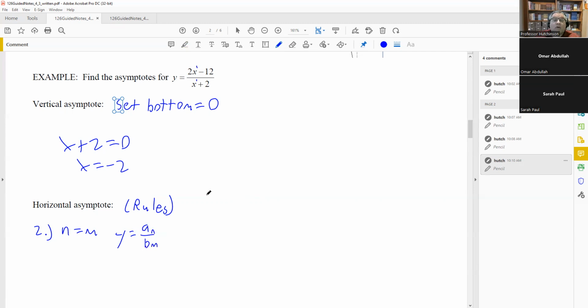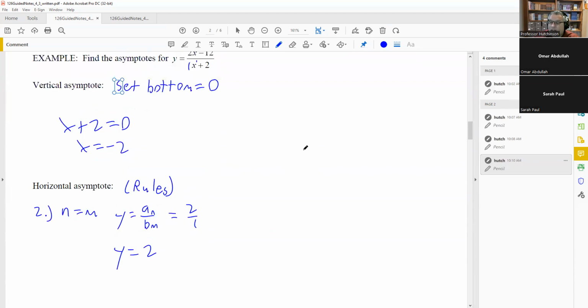Those rules I gave you earlier, 1, 2, and 3, this is a case of rule number 2. If the highest power on top equals the highest power on the bottom, we get the coefficients: there's a 2 on top and a 1 on the bottom. So we have 2/1, which means that y equals 2 is the equation for the horizontal asymptote.